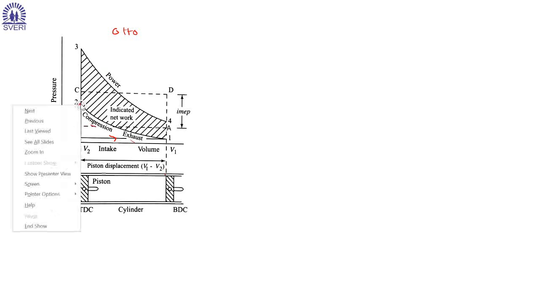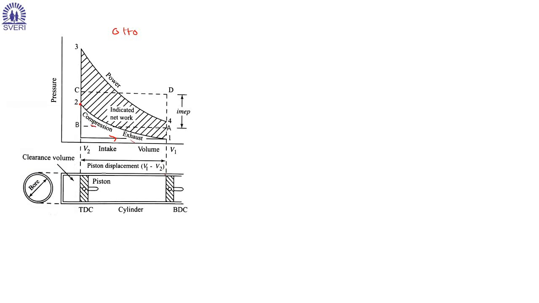At 2, the spark plug ignites the mixture and the combustion takes place. So 2 to 3 is your constant volume heat addition process. From 3 to 4 is your expansion or power stroke. At 4, piston is at BDC, and 4 to 1 is your constant volume heat rejection process.